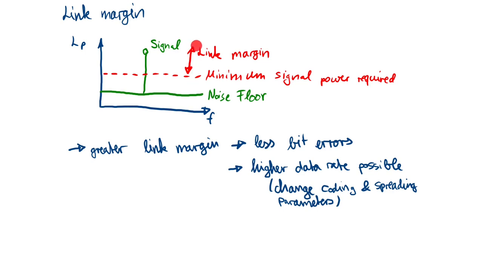And so if you have a good enough link margin, your communication system may decide that it changes the spreading factor of the direct sequence spectrum, but this would need another minimum signal power requirement here. But as you have enough link margin, this signal here still fulfills it, and you can achieve a higher data rate.